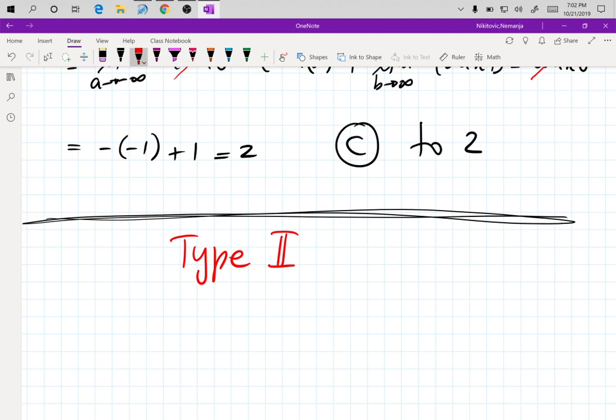So the problem that I introduced the concept with was the integral from 0 to 6 of dx over x minus 3. And I was very happy that you guys picked up that something is wrong, right?